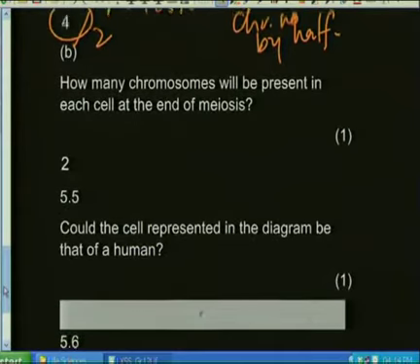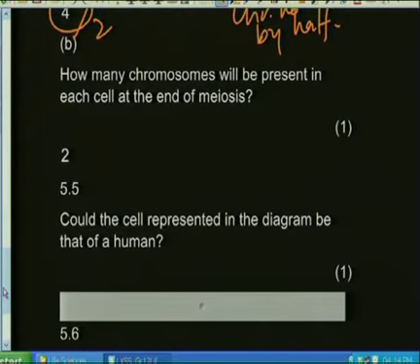Good. Simple. So at the beginning, there's X amount. In the end, there will be X divided by 2. Whatever the number is, divided by 2.